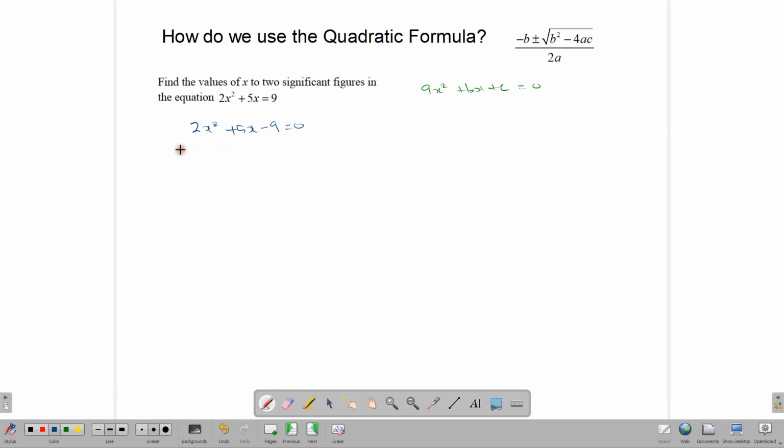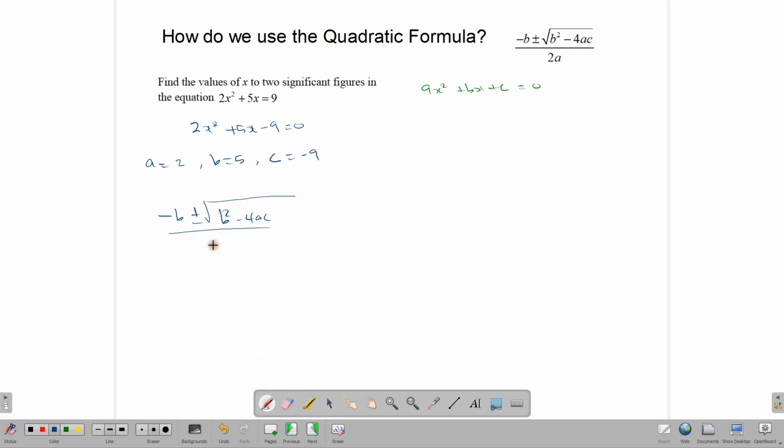Now let's write down the values of our letters. Our a is 2, our b is 5, and our c is minus 9. Now we're going to substitute all of these values into this formula. The formula is minus b plus or minus the square root of b squared minus 4ac over 2 times a.